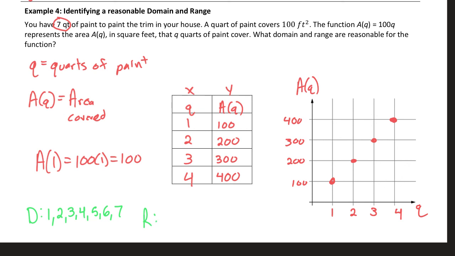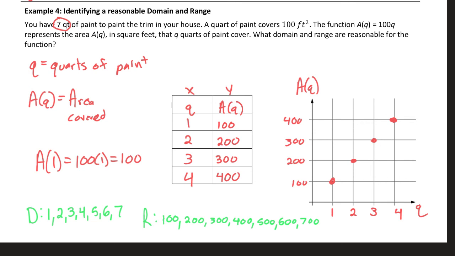Our range for 1 quart, 100 square feet. 2 quarts, 200. 3 quarts, 300. 4 quarts, 400. And then we go up to the amount of paint we can use. So this is a list of numbers for reasonable domain and range. Now I could have made the graph a little bit bigger, but I just wanted us to understand how to set up the graph and set up the table to evaluate this.